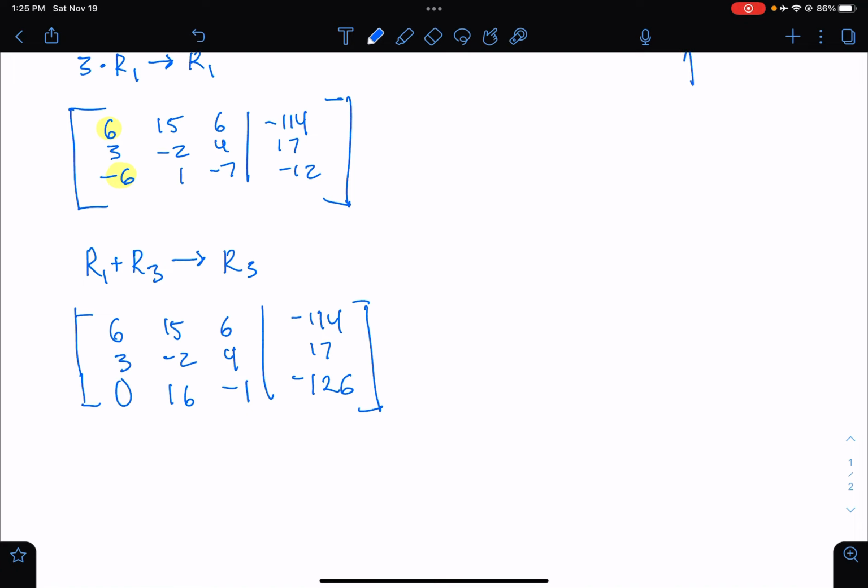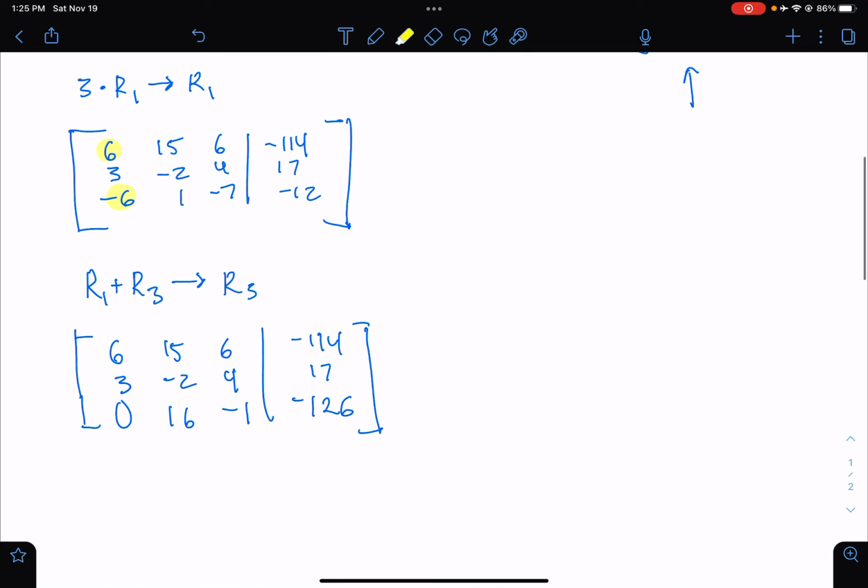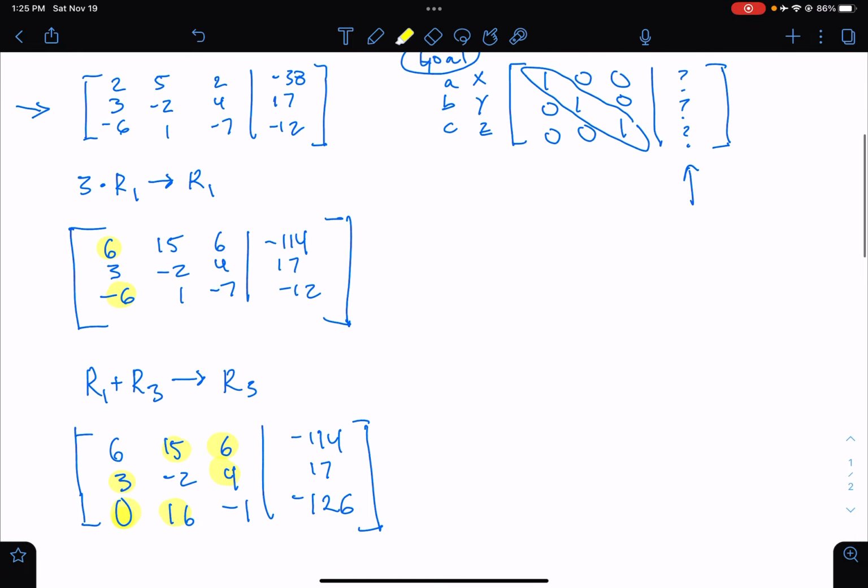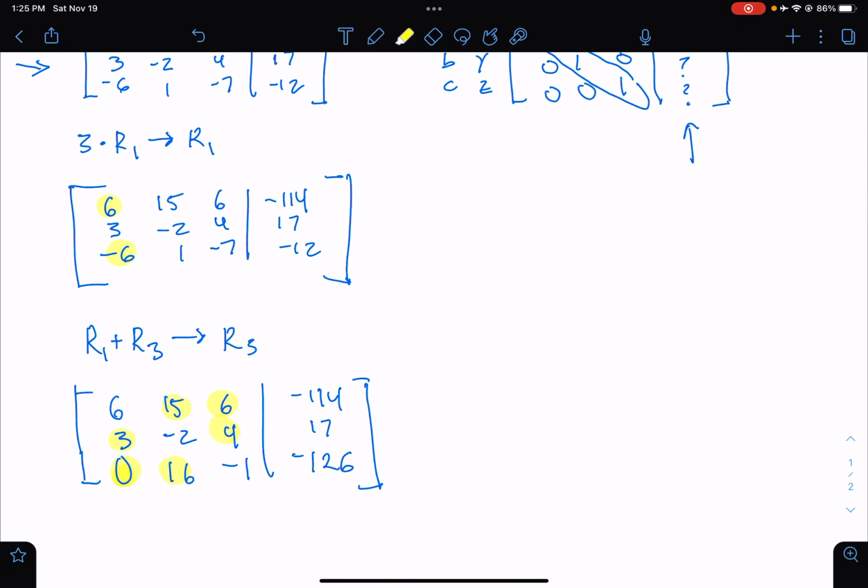And the reason why we did that is because the goal is to put a 0 there, as well as basically everywhere where there's yellow here. So those would be a good first 2 steps.